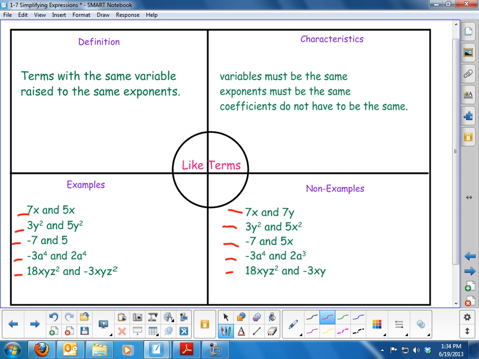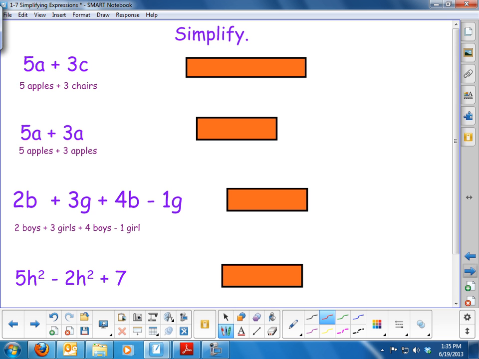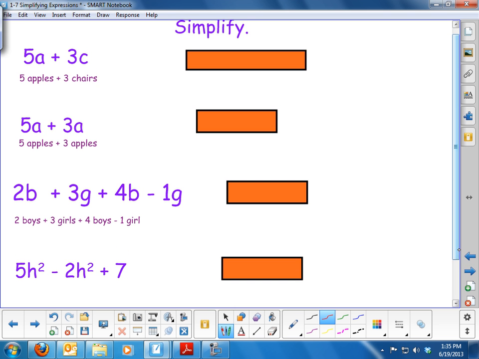Write it all down, process it, look at the examples and non-examples and the characteristics, and then write a paragraph, or a couple sentences, summarizing what like terms are in your own words. Give me some examples. I want to see that you understand what like terms are by the time you come into class tomorrow.